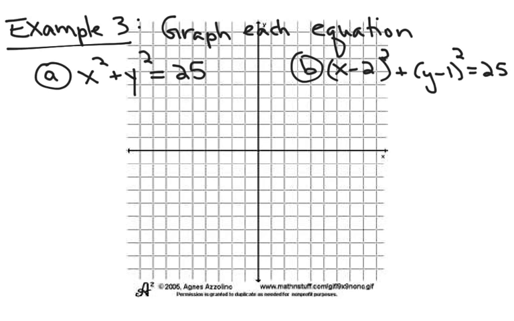All right, so let's figure out how to graph a circle on the coordinate plane. So let's start with x squared plus y squared equals 25. Now, because the equation is x squared plus y squared equals r squared, the radius must be 5. The center in this case is at 0, 0. The easiest way to do this is start here at 0, 0.